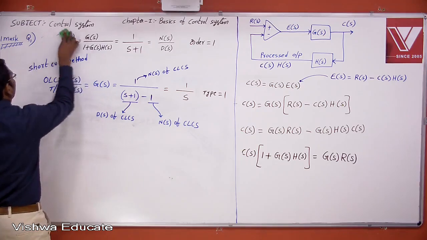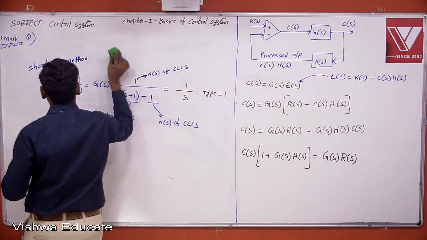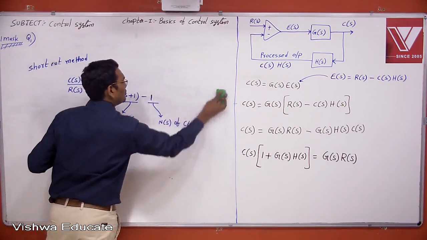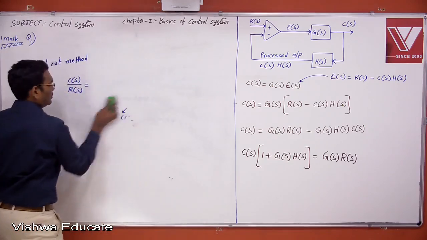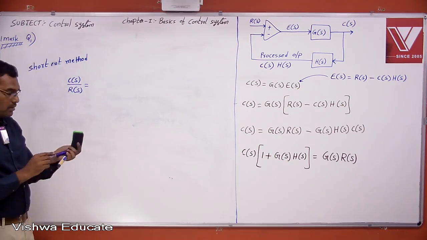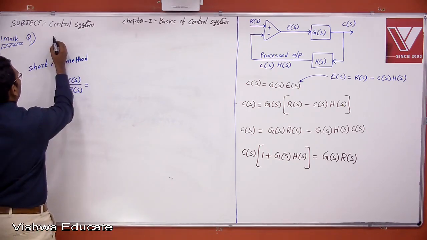Then, in the reverse we can also find out. What is the reverse? Now we will take the reverse case also. In the reverse, the closed loop control system is given.